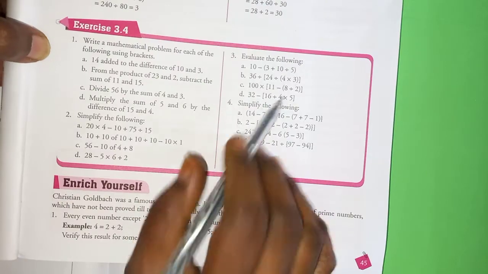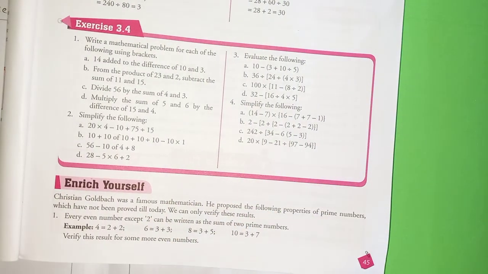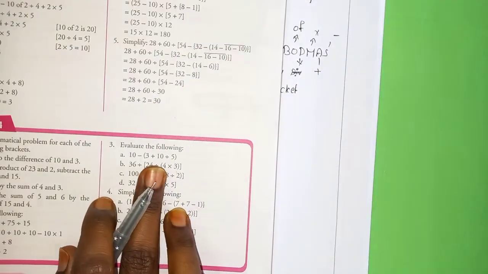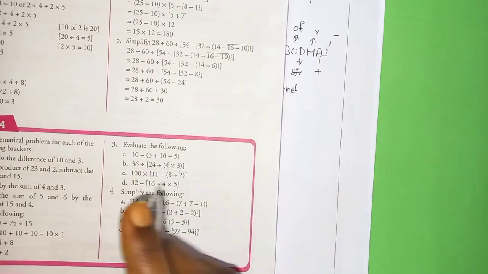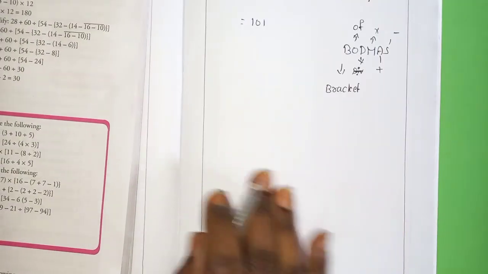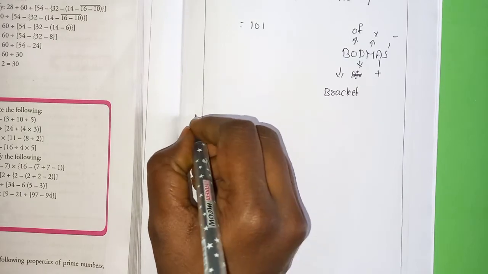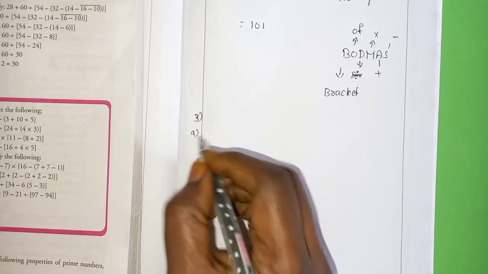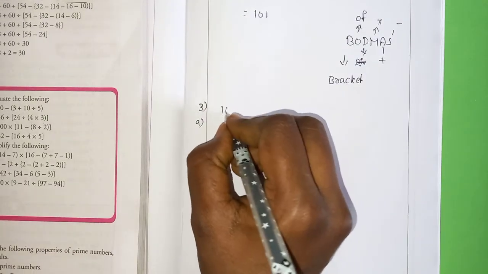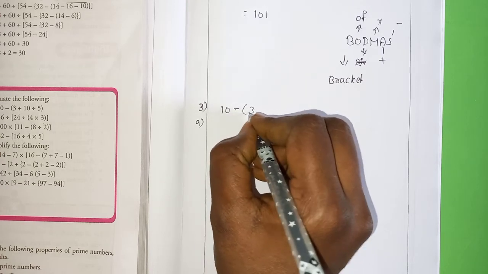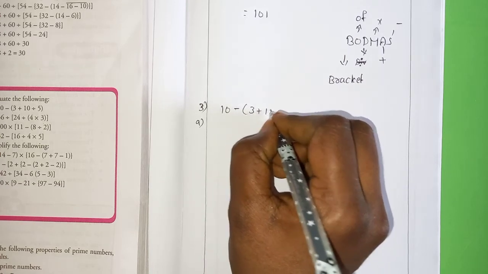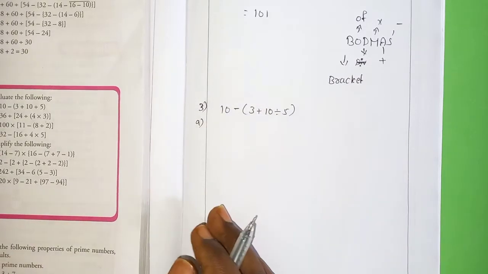Third one, evaluate the following. Same, but the thing is, they gave brackets. Third question A. 10 minus (3 plus 10 divided by 5).